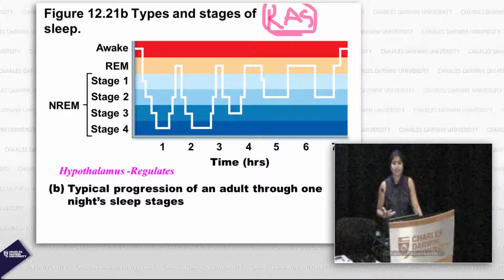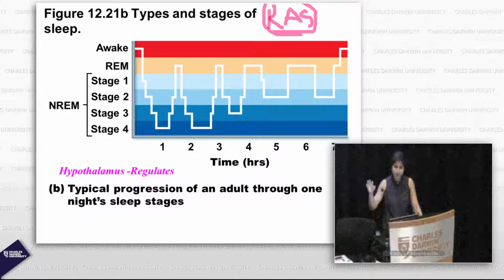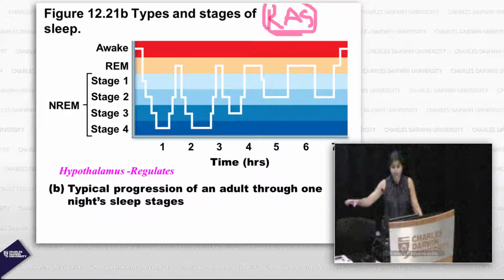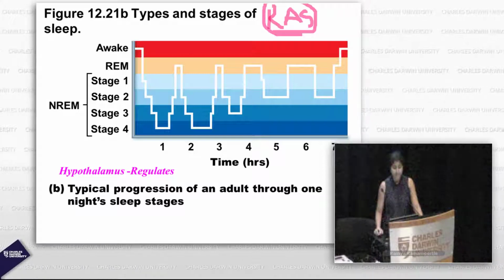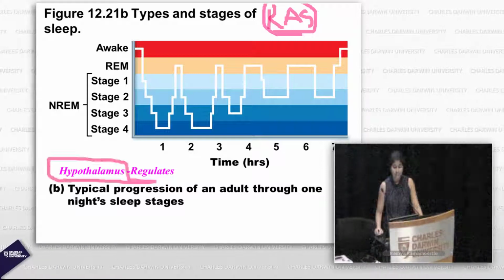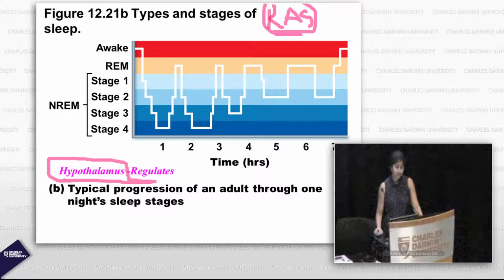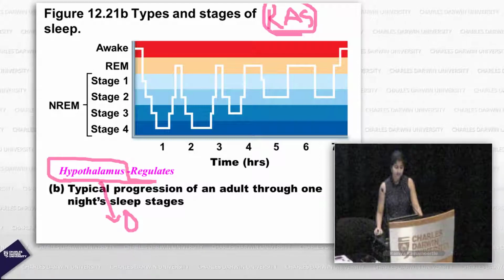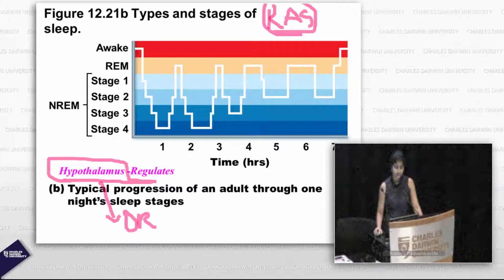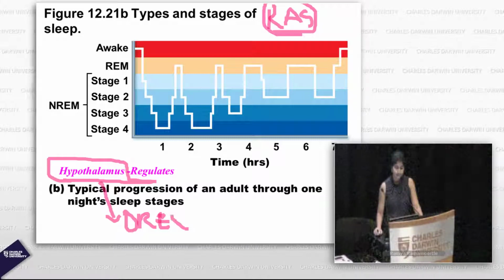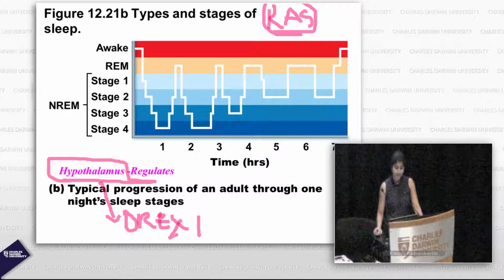Although it's inhibited, it is actually mediating sleep patterns. And the hypothalamus is the main brain structure that regulates your sleep patterns. The hypothalamus secretes a chemical called orexins, which helps in stimulating sleep.